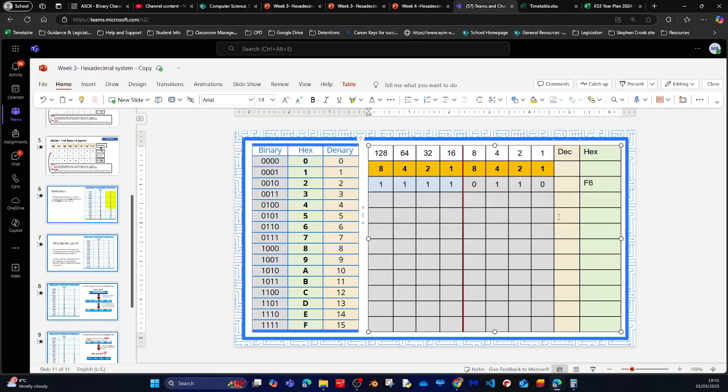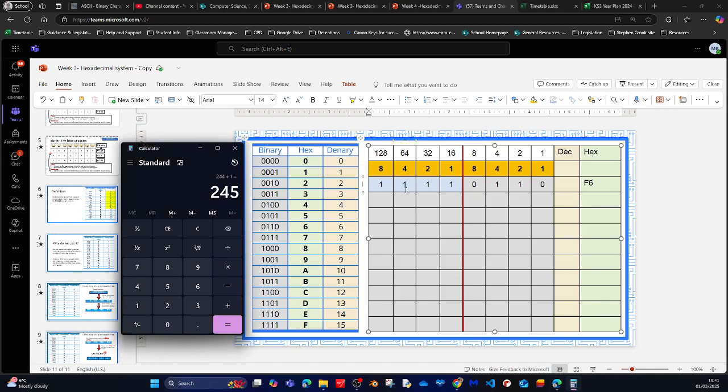If we wanted to count the binary and convert it into denary, all we need to do is count the place values with 1 underneath them. So let's try again from scratch. 128 plus 64 plus 32 plus 16 plus 4.